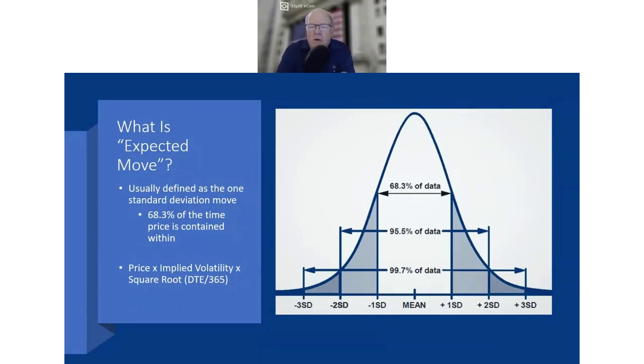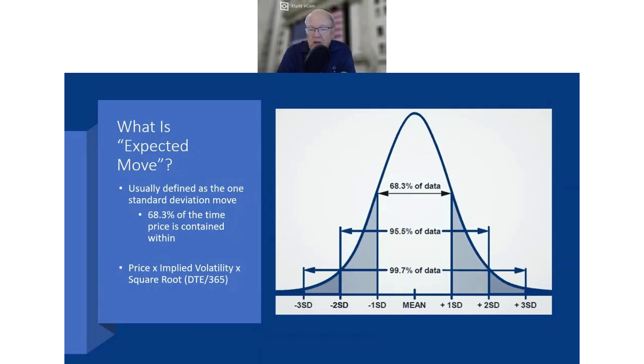And there are complicated calculations to figure standard deviation. And if you fell asleep in statistics class like I did, you probably don't remember it anyway. But the simple back of the napkin calculation, all you have to do is take the price times the implied volatility times the square root of days to expiration over 365.